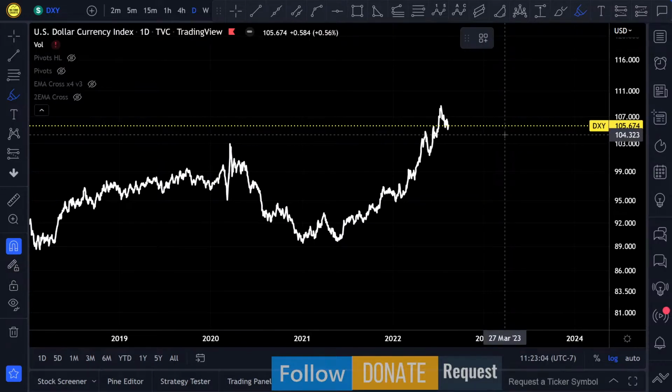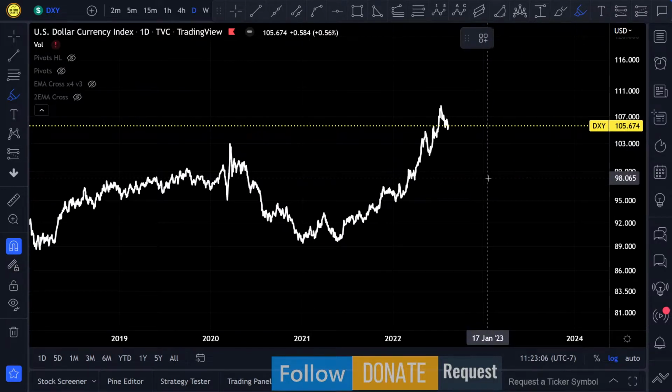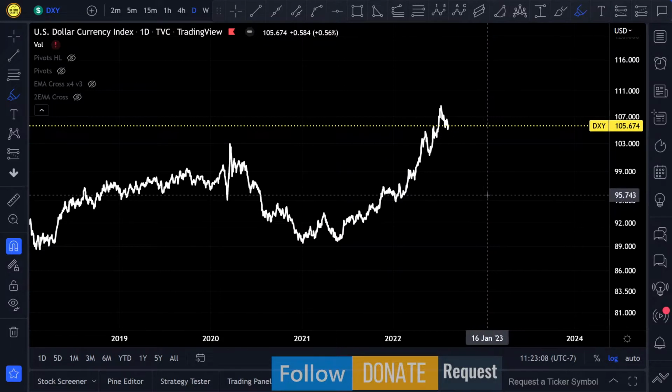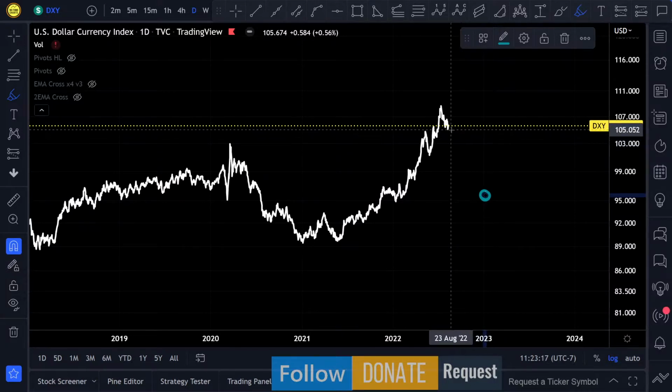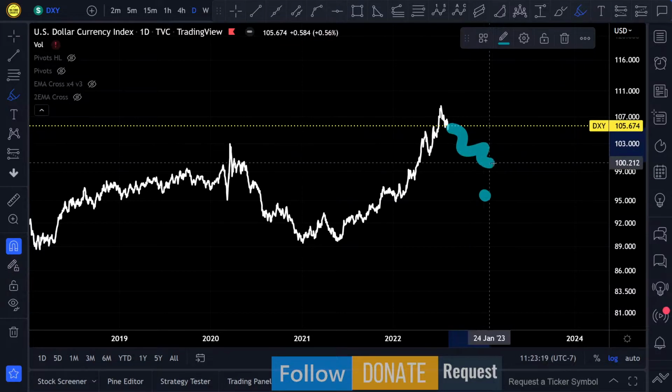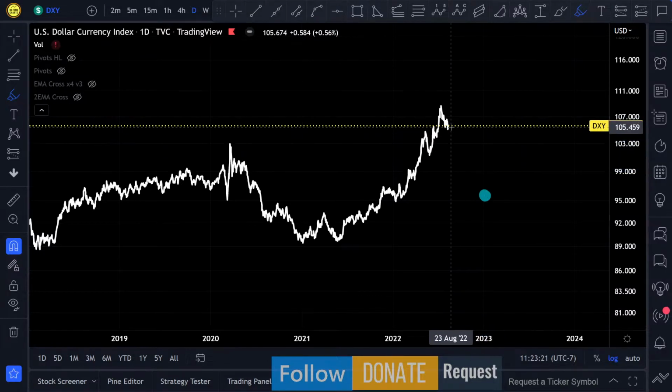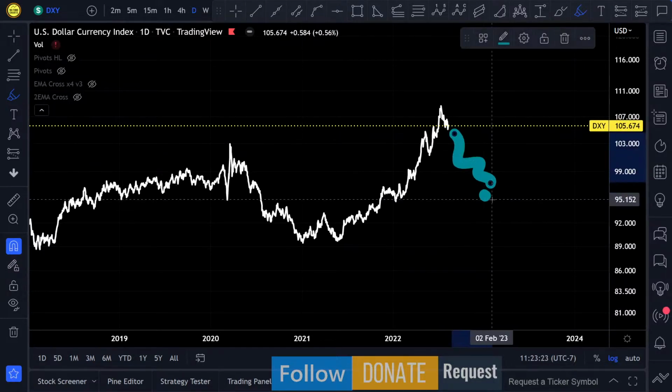if I just say the price is going to go exactly to only this one spot right here, $95.67, there are way more potential scenarios that can happen in between, right?